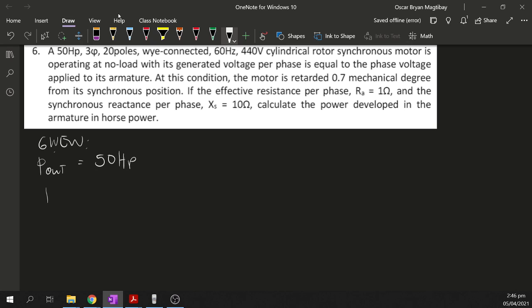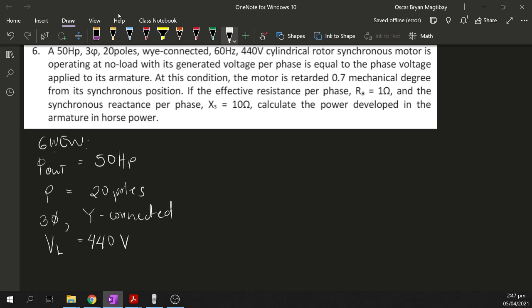Kailangan ko tong 20 poles, mamaya malalaman ninyo kung bakit. 3-phase, Y-connected, VL is 440 volts. Sabi daw operating at no load.